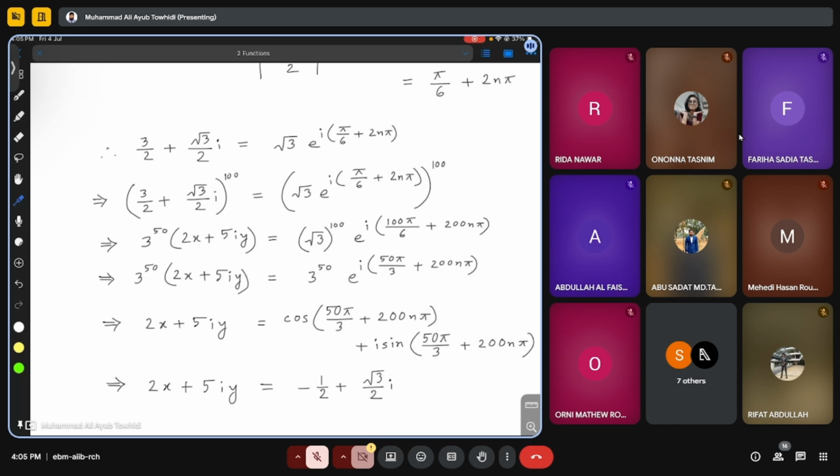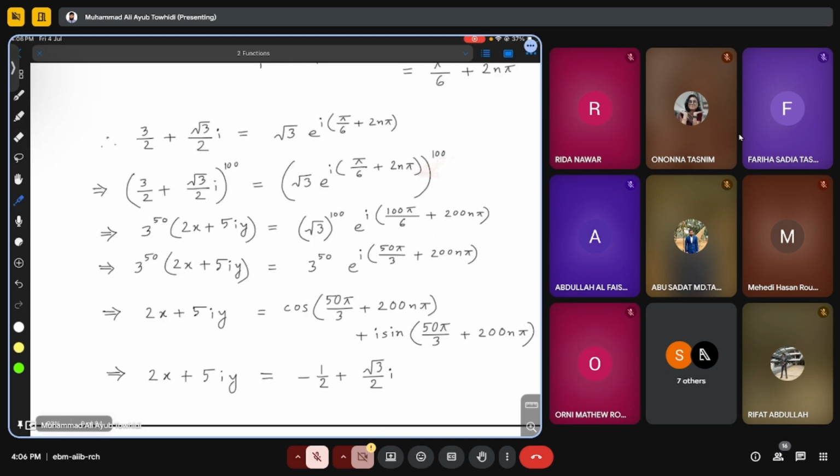Because root means power half, so 100 by 2 becomes 50. And e to the power i pi by 6 plus 2n pi, then power 100. So 100 will be multiplied by the power: 100 pi by 6 plus 200 n pi, which is 50 pi by 3 plus 200 n pi.